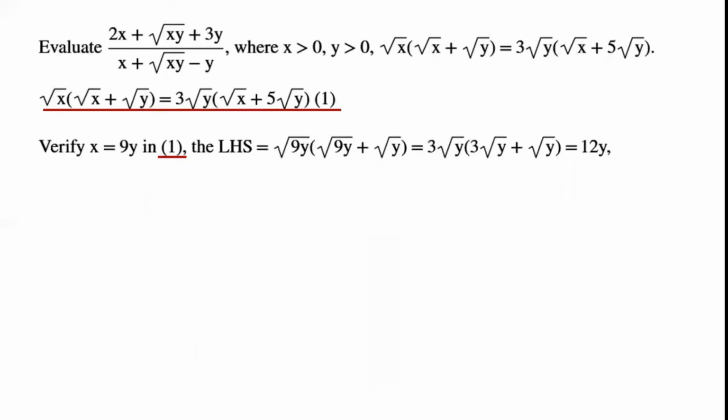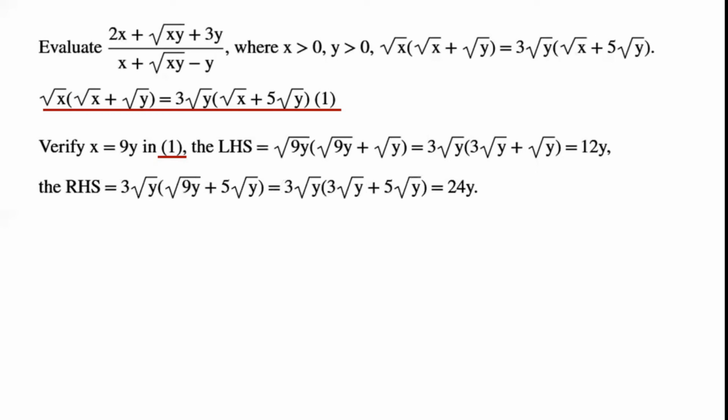Verify x equals 9y in equation 1. The left-hand side equals √(9y) times (√(9y) + √y), which can be written as 3√y times (3√y + √y) equals 12y.